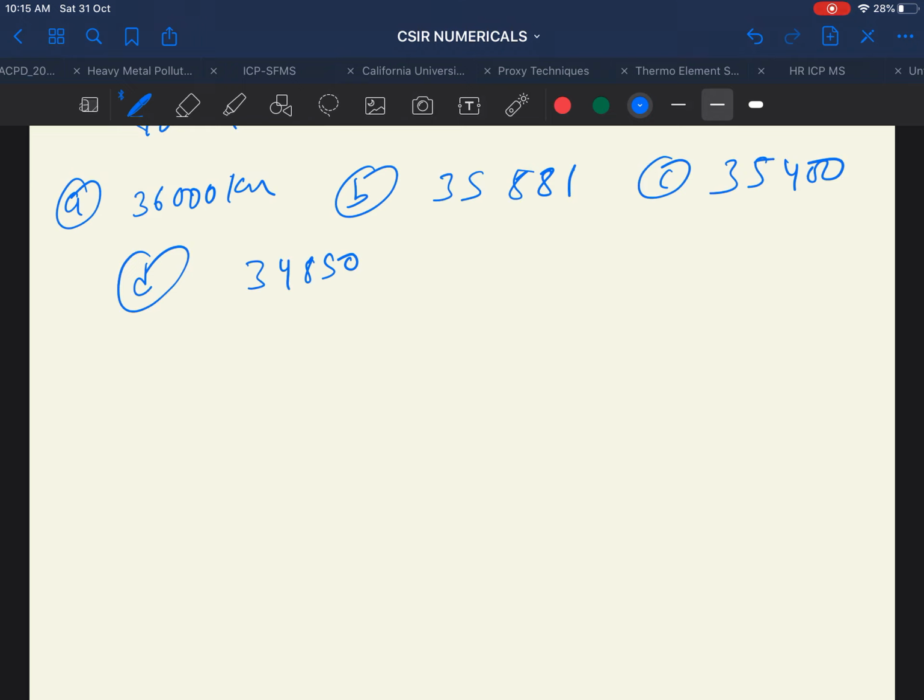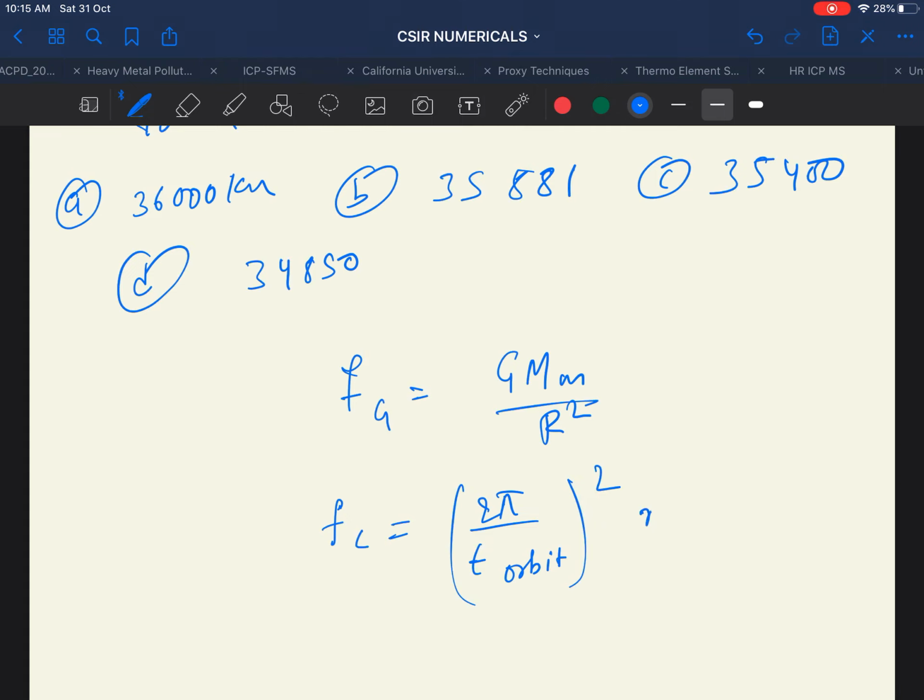For a satellite in a near circular orbit, the pull by the earth's gravity is balanced by the centrifugal force. We know that the gravitational force is GMm by r squared, and the centrifugal force we can write like this also, another formula.